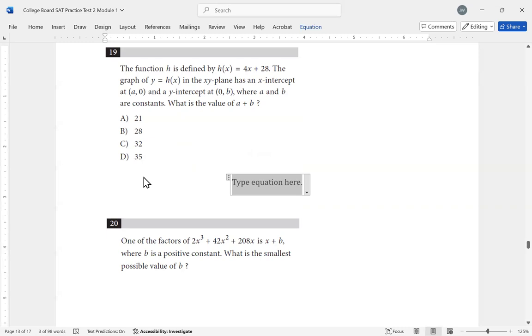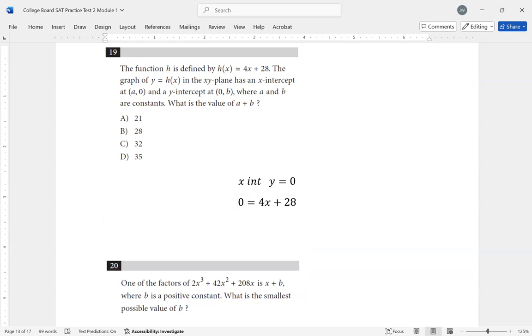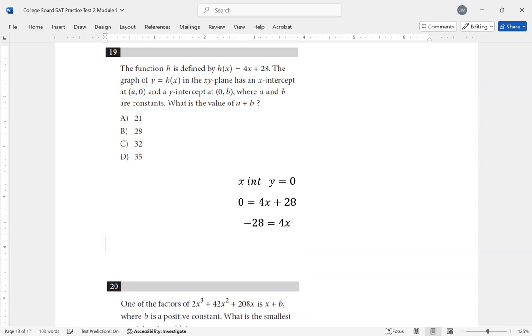So we're asked to find the x-intercept and the y-intercept. Let's start with the x-intercept. Whenever you're trying to find the x-intercept, you plug in y of 0. So we plug in a y of 0, we get 0 is equal to 4x plus 28. Solve for x: subtract 28 from both sides, and then divide by 4.